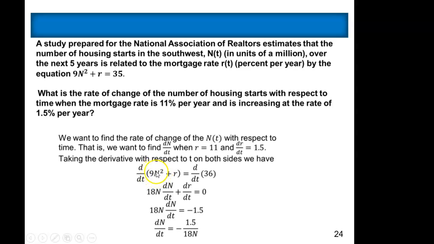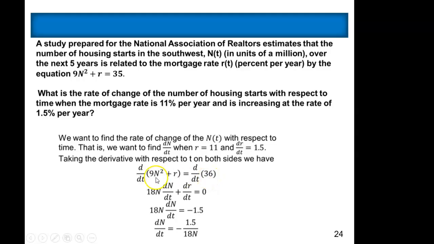So just multiplying the 9 times the 2 will give me the 18N. Decrease the power by 1, and then we're going to have dN/dt because we're taking it with respect to time. Over here, if I take the derivative of R, that's just 1, but I'm going to have dR/dt. Okay. And then the derivative over here would just be 0.